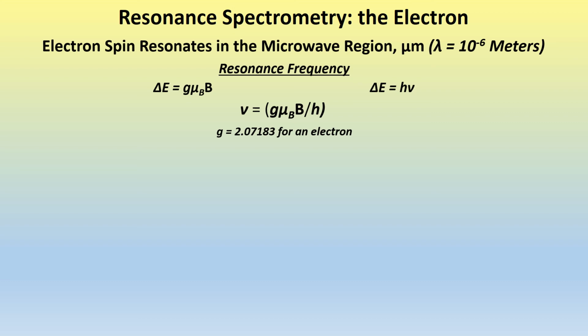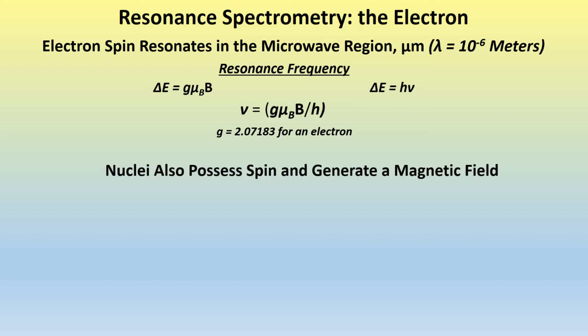However, as mentioned, nuclei also possess spin and generate a magnetic field, where the relationship to the energy is identical, except now you are using the m sub I for the total nucleus spin.